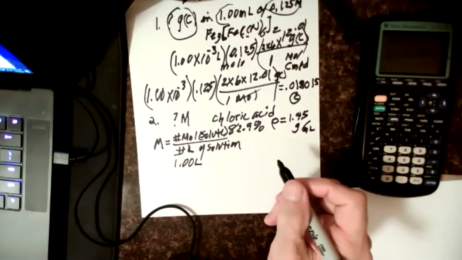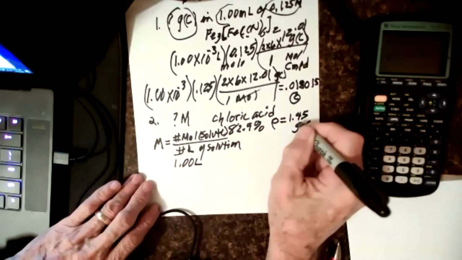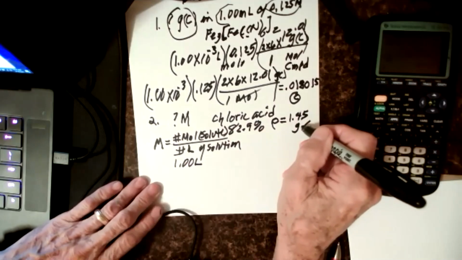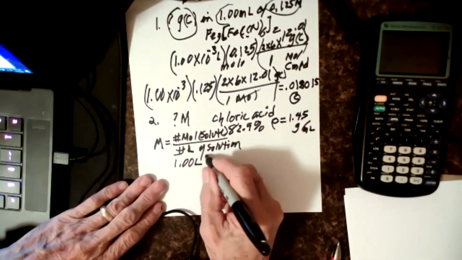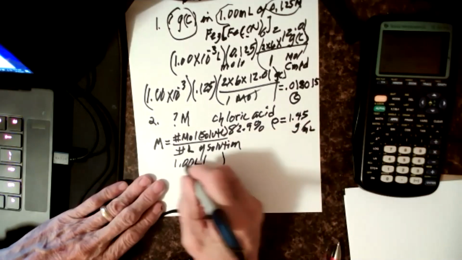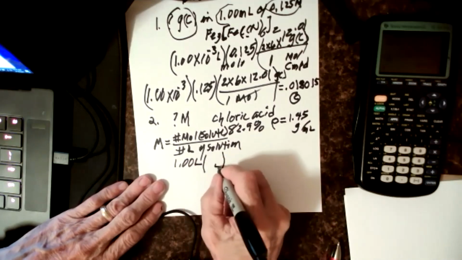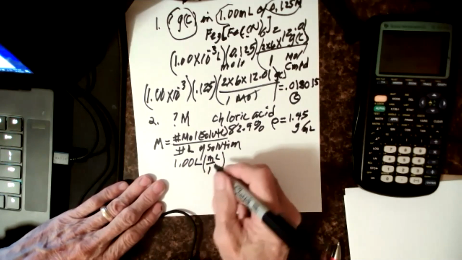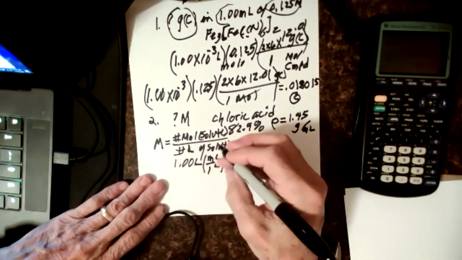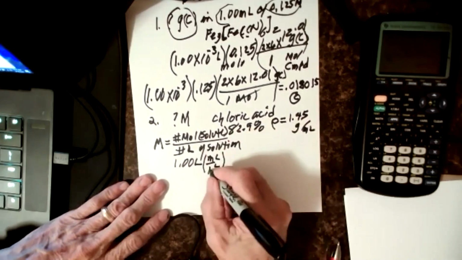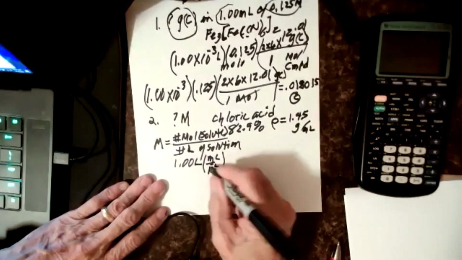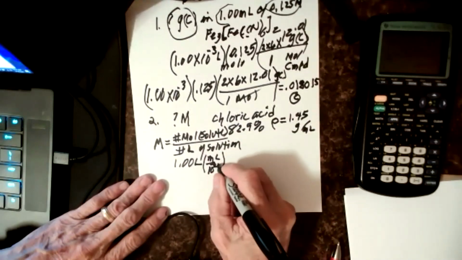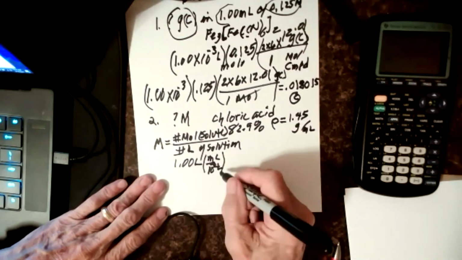Now, what did that tell me? Well, from the density, I know it's 1.45 grams per milliliter. So I'm going to change this from liters to milliliters, and milli is 10 to the minus 3, so this is 10 to the minus 3 down here as well. So now that's my conversion.